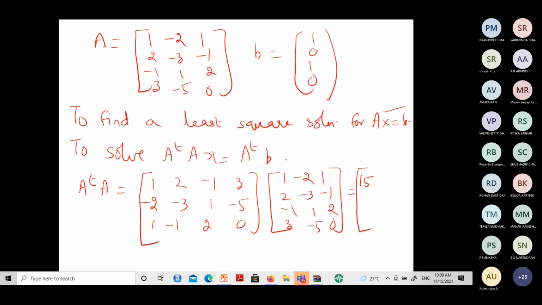It is 3 by 4 into 4 by 3, so finally you'll get a 3 by 3 matrix. Then this into second row: minus 2, minus 3, minus 5, minus 6, minus 15, so minus 21.